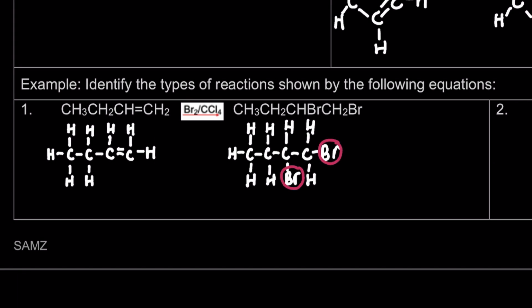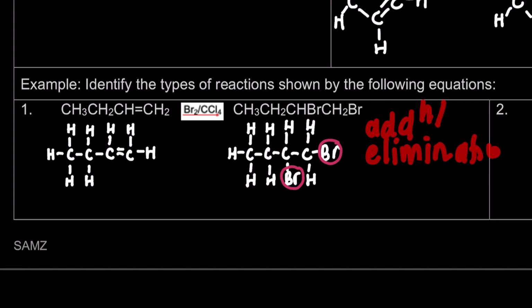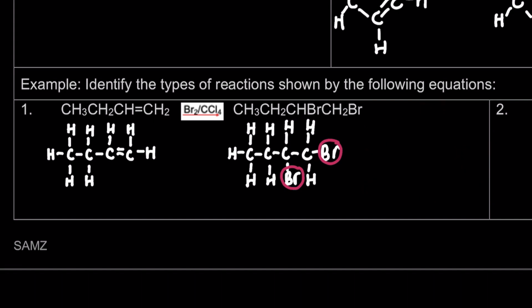So again, there are only 3 types of reaction: either addition, where we're adding; elimination, where we remove the atom; or substitution, where we replace the atom itself. So what is the type of reaction? Since we're adding atoms here, this one is an addition reaction.